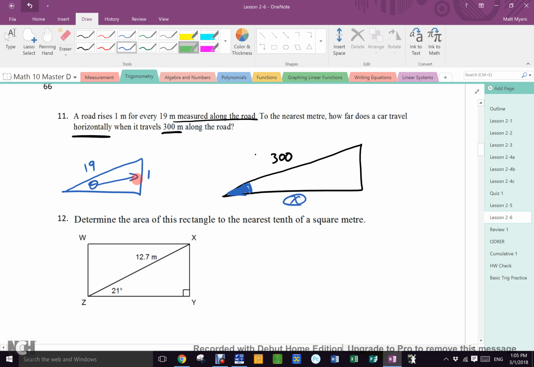So what uses O and H? Sine. But I need an angle, so what do I have to do with sine? Shift sine.